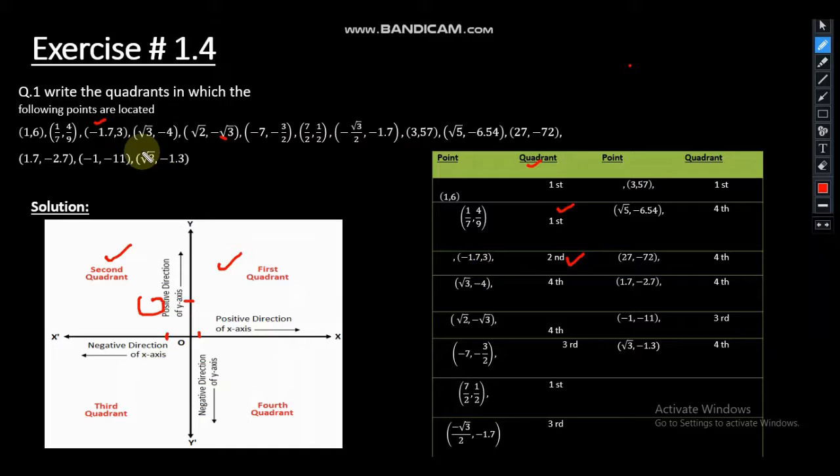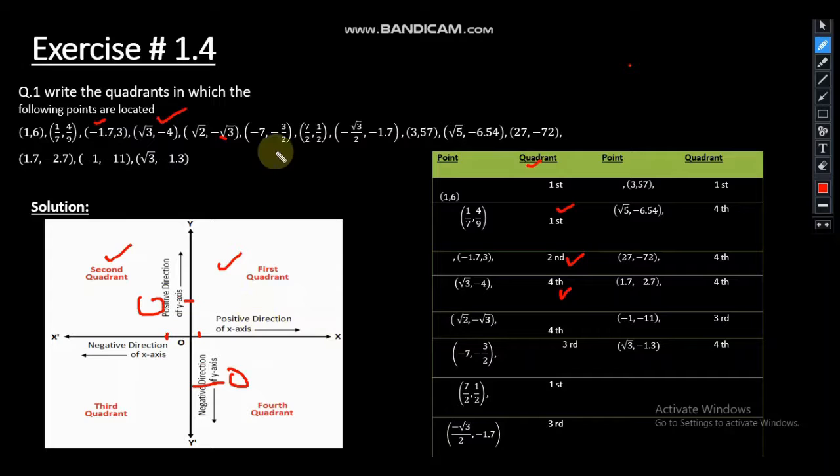So next, this is √3, -4. The value of √3 is also positive, so the x value on the x-axis is this, and -4 means minus y here, so it is in the fourth quadrant. It is the fourth quadrant, so we can write here the fourth quadrant.